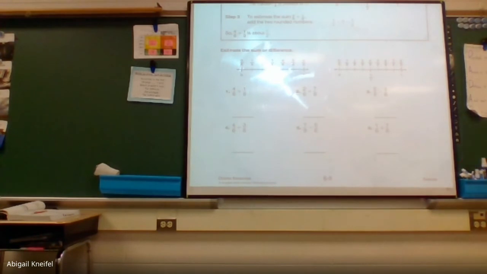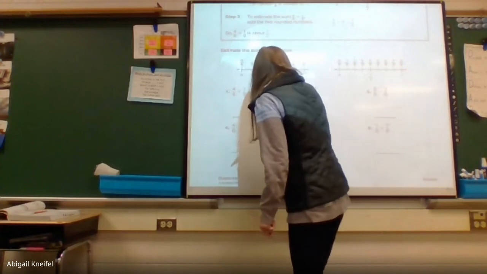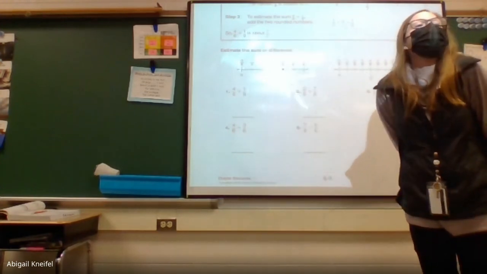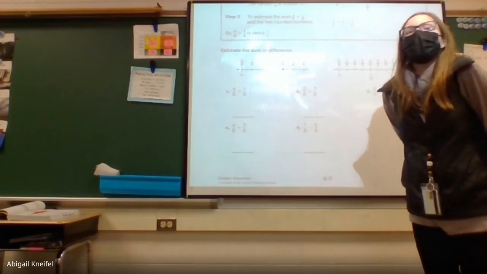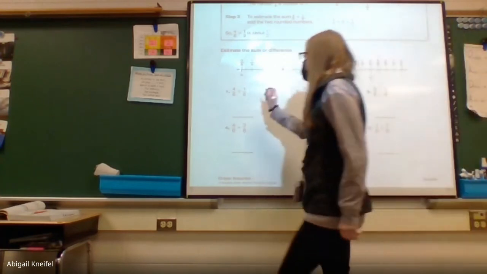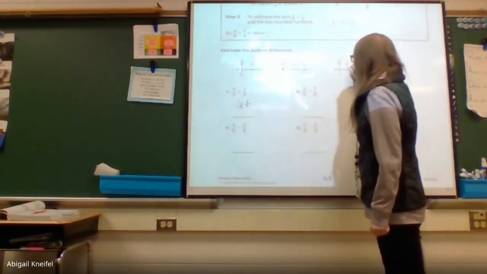Number 1 is 4/6 plus 1/8. So I'm going to put 4/6 right here. What would I round that to? A half or 1? I'm going to call on everyone. What am I going to round that to, Alex? Half, because it's closer to a half. So now I have 1/2 plus, and here's 1/8 over here.